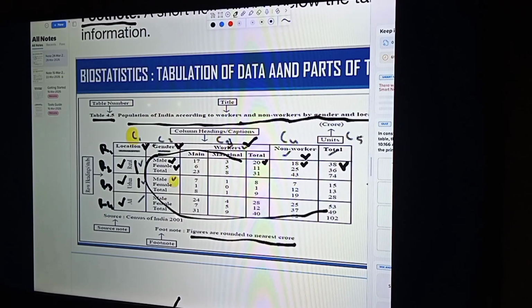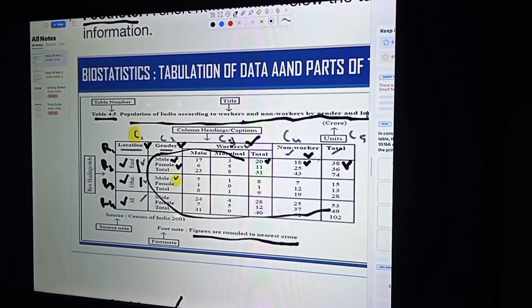Then gender, which again talks about these 3 different rows. The third column is about workers, and this third column is further split into 3, but the main column is called C3, which is of workers. The fourth column is about non-workers, and the fifth column is total, meaning the information given in the column total is written here.